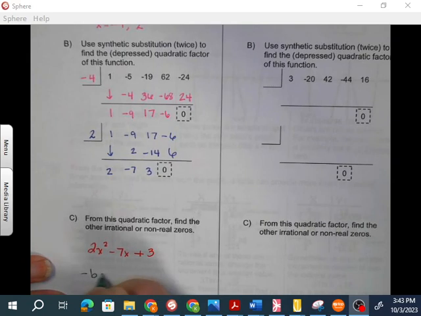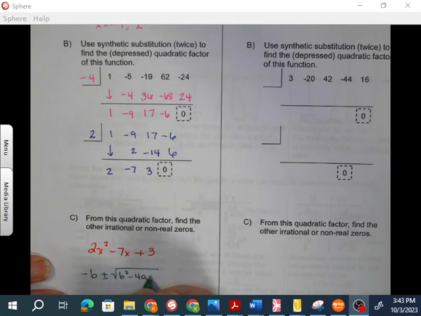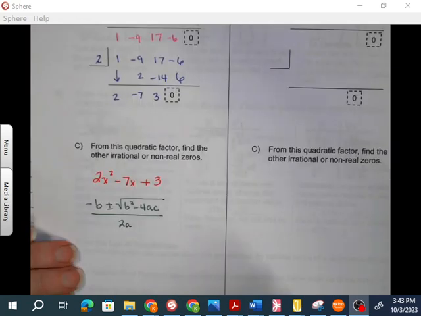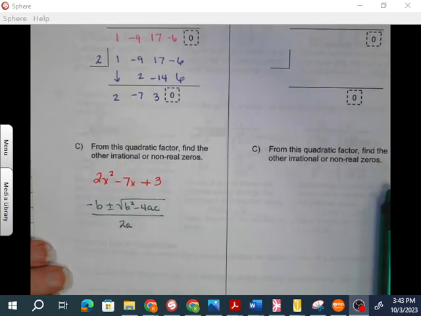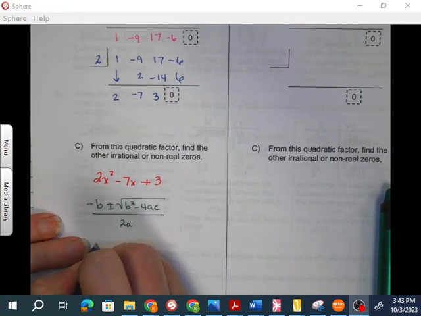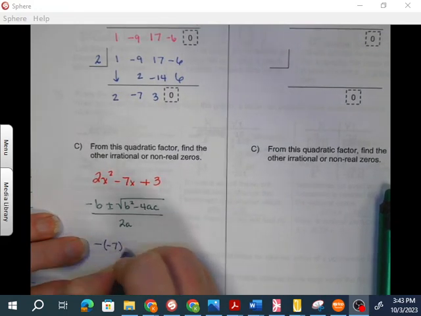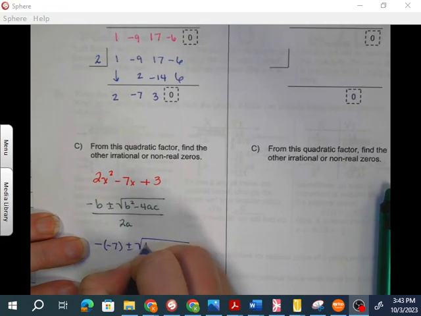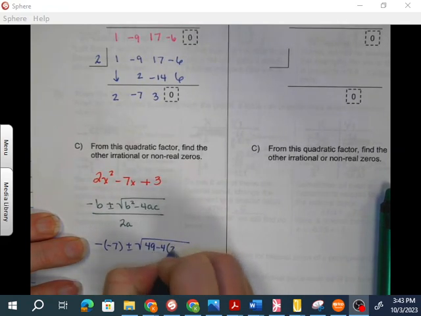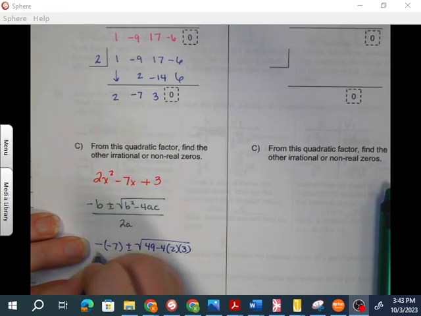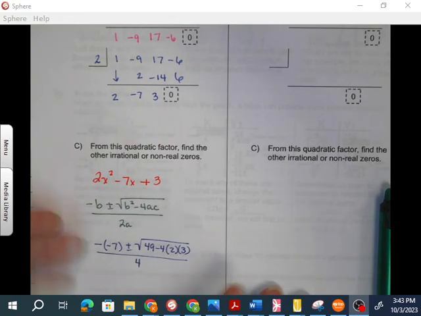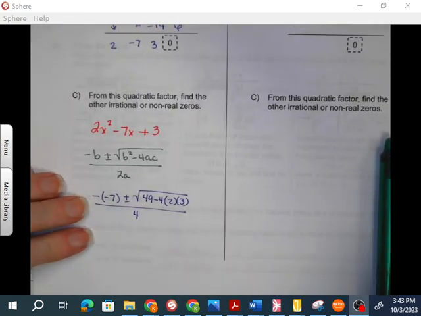Quadratic formula is -b plus or minus the square root of b squared minus 4ac all over 2a. And you're just simplifying.